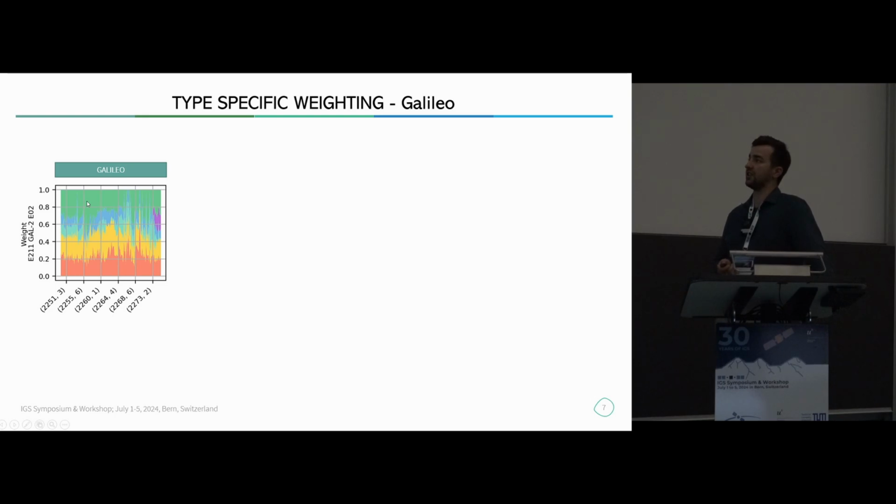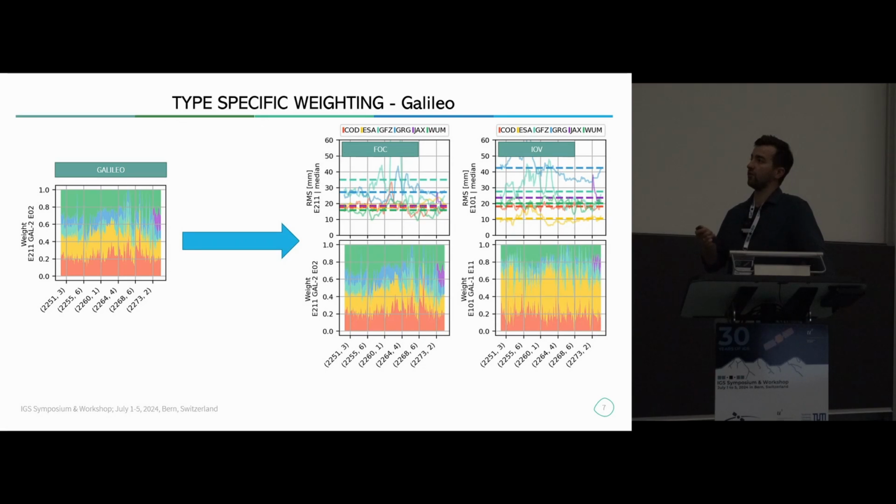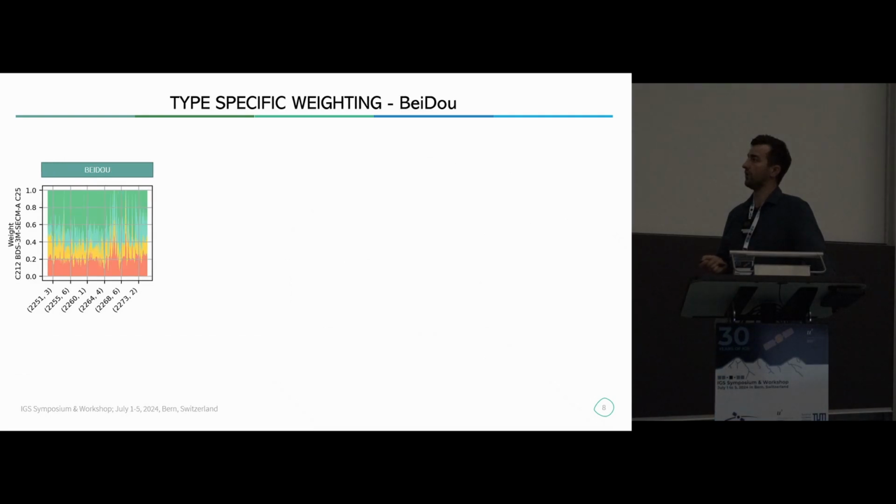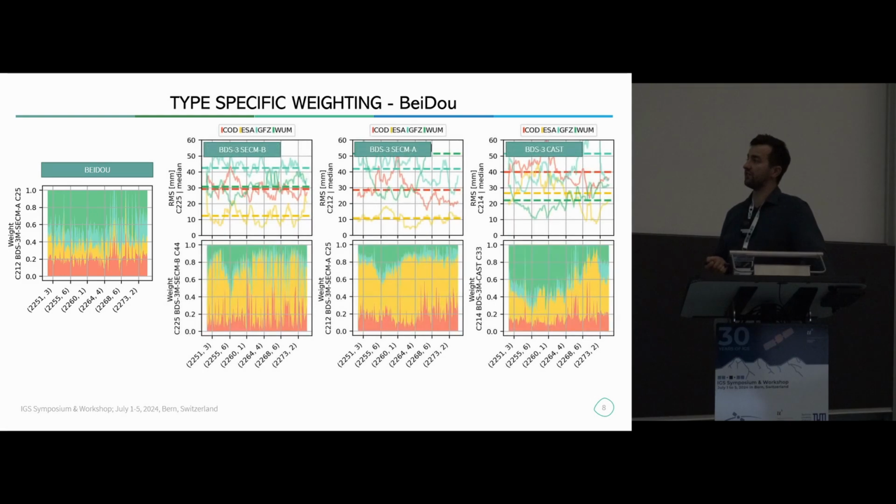This is an example of Galileo. Here we have the composition of weights for different ACs when treating Galileo as one data set of satellites, and that's after splitting the satellites into types, FOC and IOV. It agrees well for FOC satellites, but the weights for each AC differ when we separate the constellation into types.